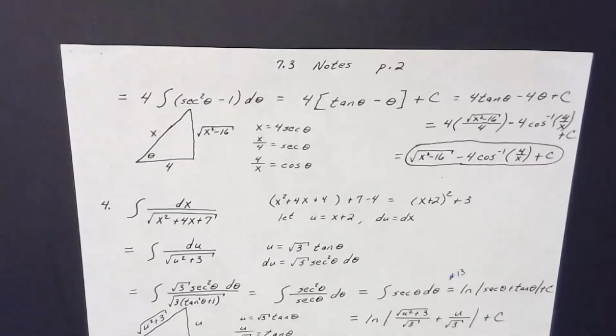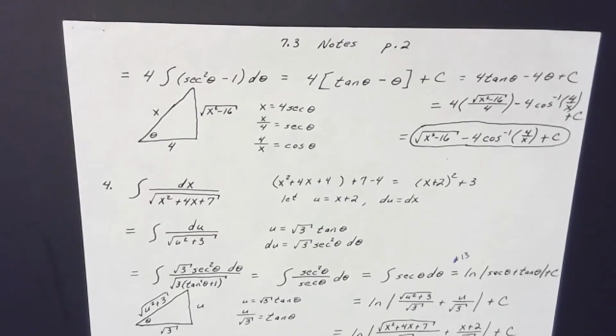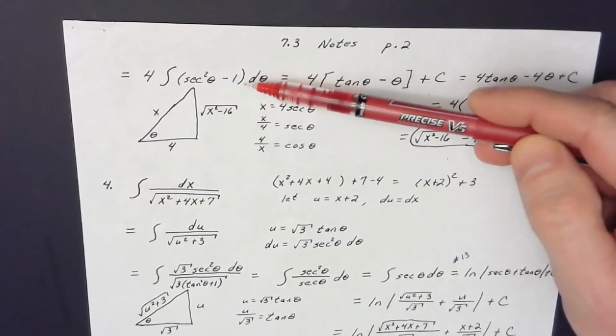When I'm thinking 4 tangent squared theta, I went ahead and rewrote it. The reason I did is because the integral of the tangent function, it's not impossible, it just requires some substitution. But rather than do that, I kept with the trig identity and said, well, tangent squared theta is just going to be equal to its Pythagorean identity, secant squared theta minus 1.